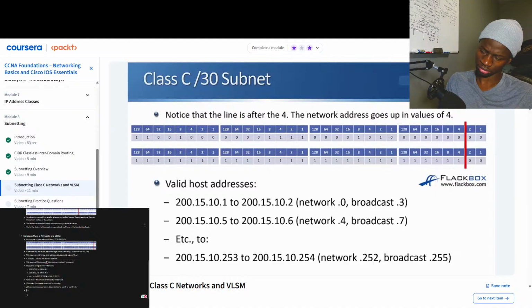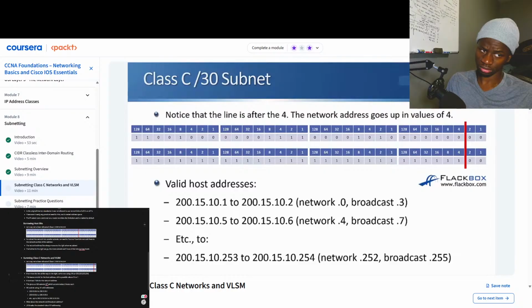Okay, as you look at this, the way that you can calculate what the different valid subnets are going to be, notice where the line is, it's after the number 4. So the network address is going to go up in values at 4. The first network address is .0, the next network address is .4, the next network address is .8, .12, .16, and so on.